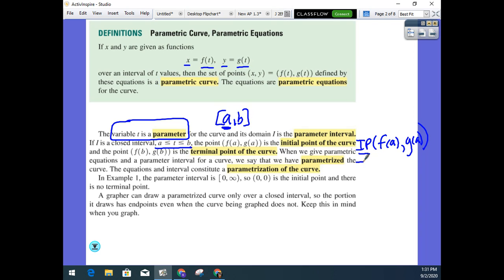Then I'm going to say TP for the terminal point, where it ends, terminal. That's going to stop at B. So my terminal point, F of B, gives me my X coordinate, and G of B gives me my Y coordinate. So those are the main things you want to notate in your notes.